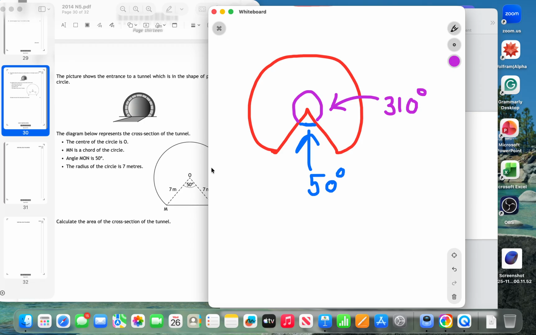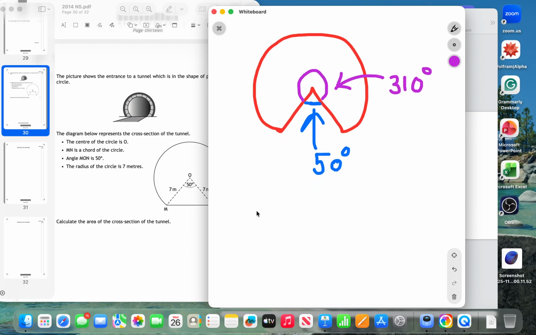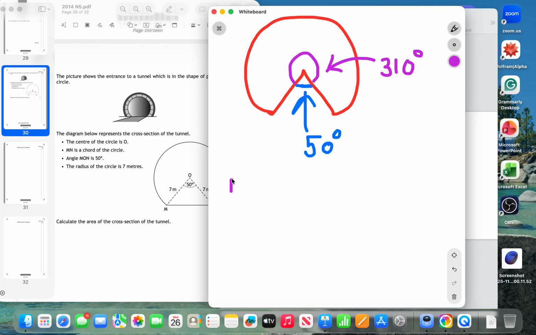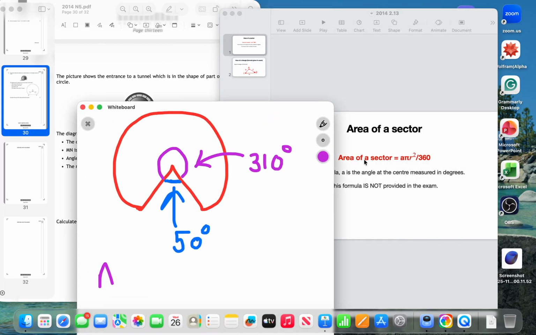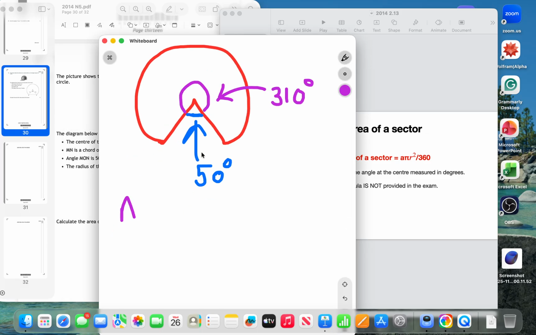And we're going to first of all calculate the area of the sector. So we have the formula, and we're going to write the formula down and then substitute the values in. So area 1.